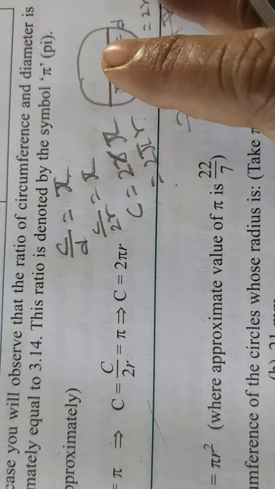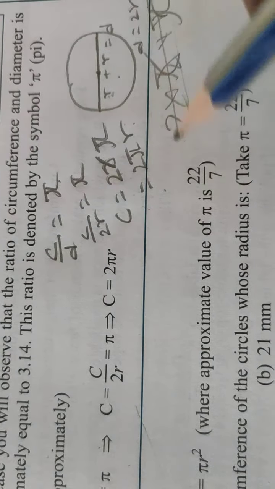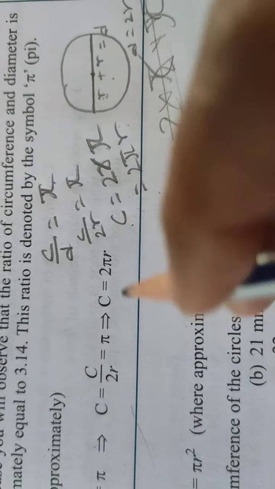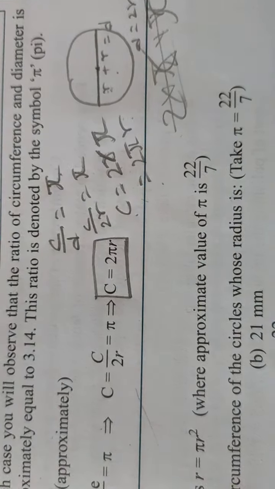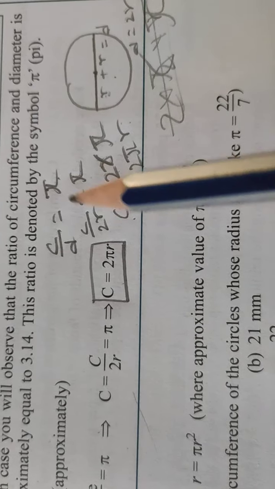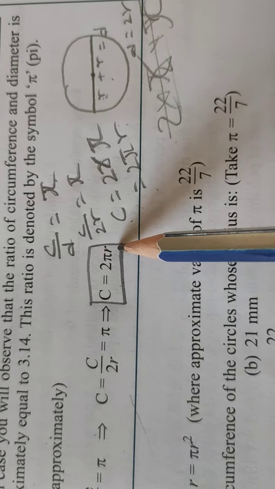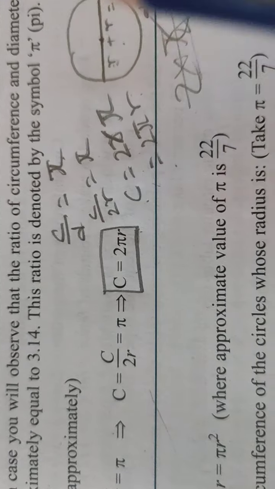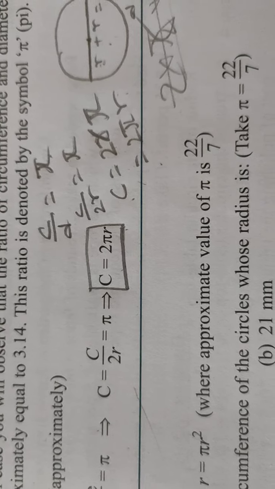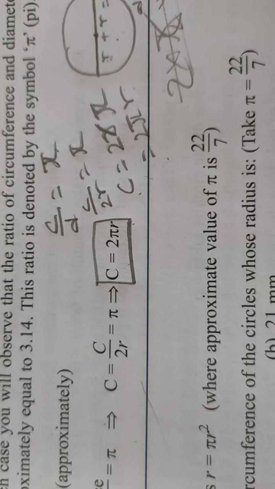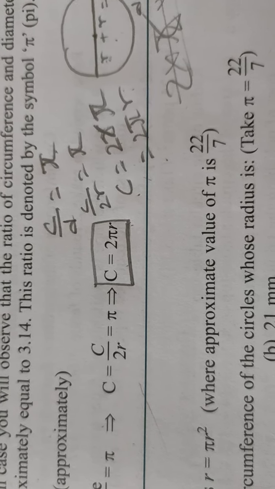So this was how we got the formula for the circumference. So this formula is very important to find out the circumference of any given circle whose radius is known to you, or whose diameter is known to you. Okay. Now what is the area of this circle?